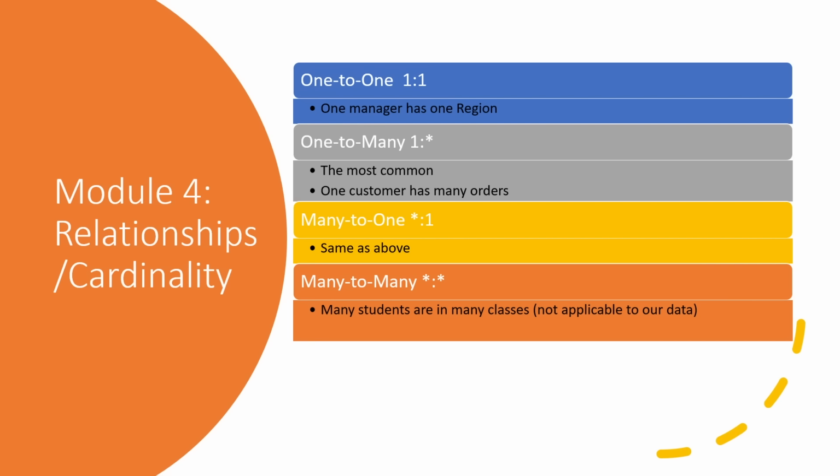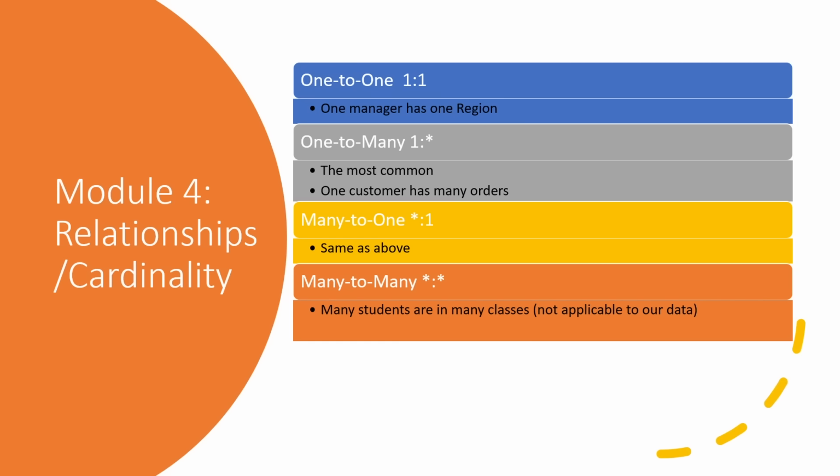You'll hear the term relationships and cardinality used interchangeably. Basically, there are 4 types of relationships that are supported in Power BI. One-to-one relationship, represented by 1:1 as seen on the slide. An example of that would be one manager has one region, if the managers table and the regions table were separate tables.